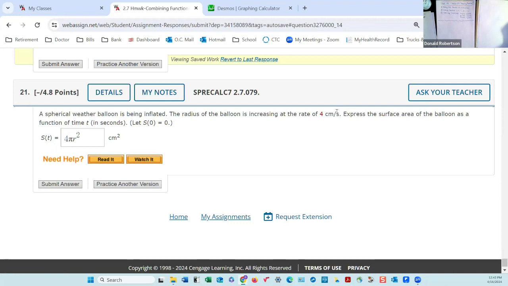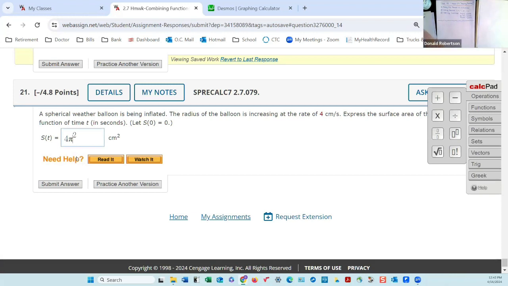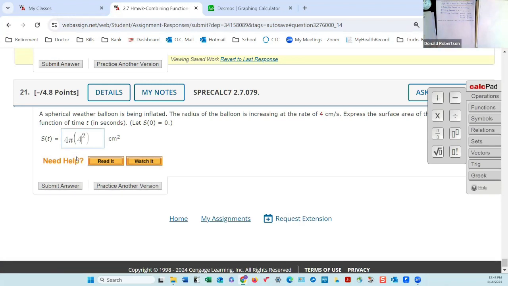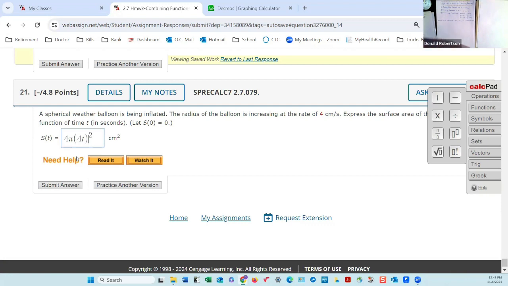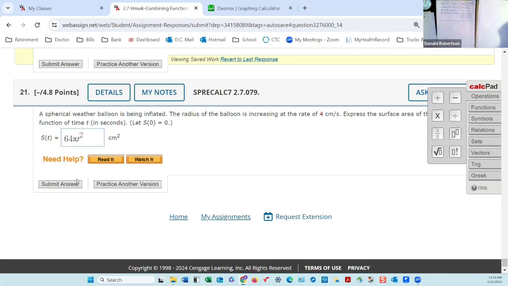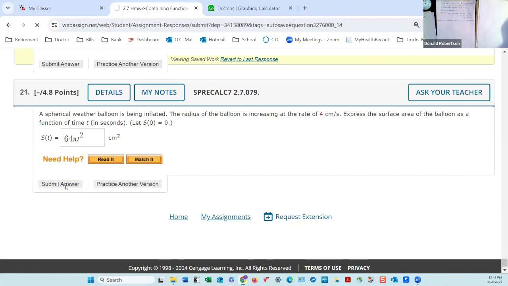Now, what do we know about the radius? Well, it's increasing at the rate of 4. So that means this radius will be 4 times t. So what you need to do is multiply that all out, which is 16t squared, 16 and 4 is 64. So you get 64 pi t squared, at least in my example.